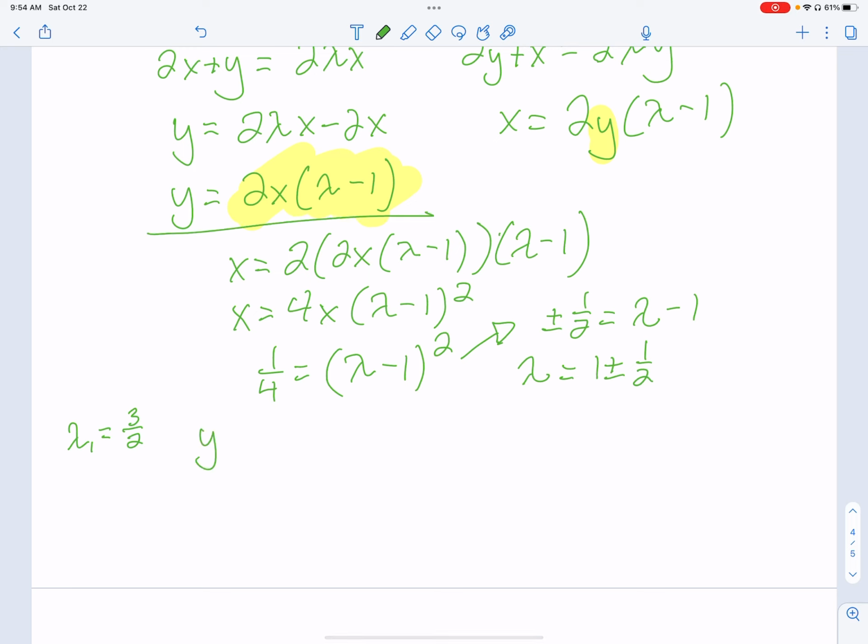Let's do y equals 2x times, and we're going to plug lambda in, 3/2 minus 1. If I subtract 1 from that, I get a half, I get x. So with this lambda, y equals x.